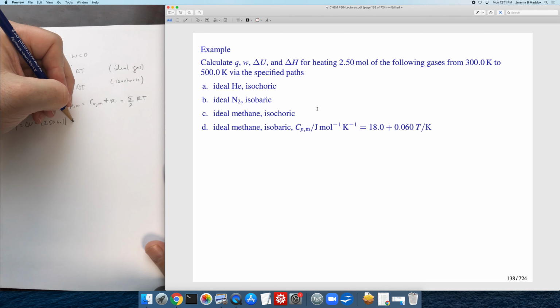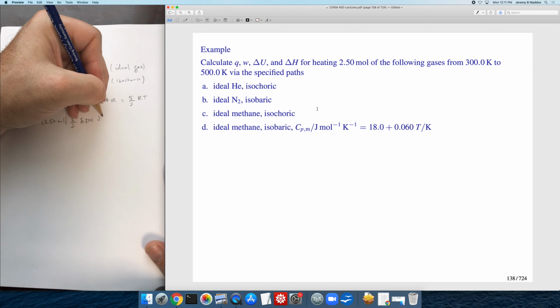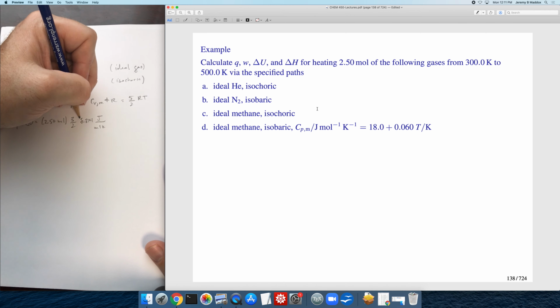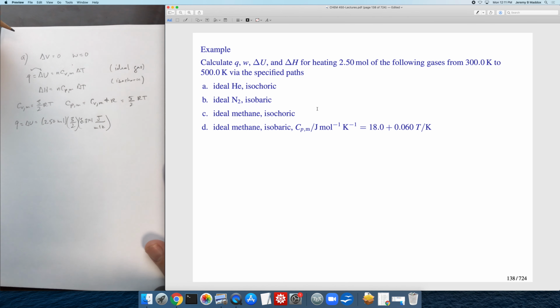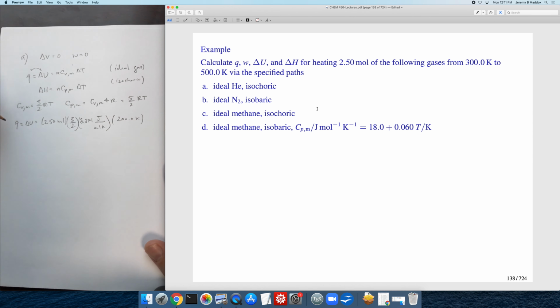Then we're going to have 3/2 times 8.314 joules per mole Kelvin. And then we've got the temperature difference. In this case, it's 200 Kelvin. We'll go ahead and get that number.